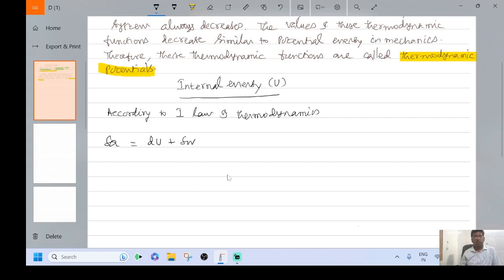The quantity of heat energy given to the system is equal to the summation of change in internal energy and the amount of external work done.